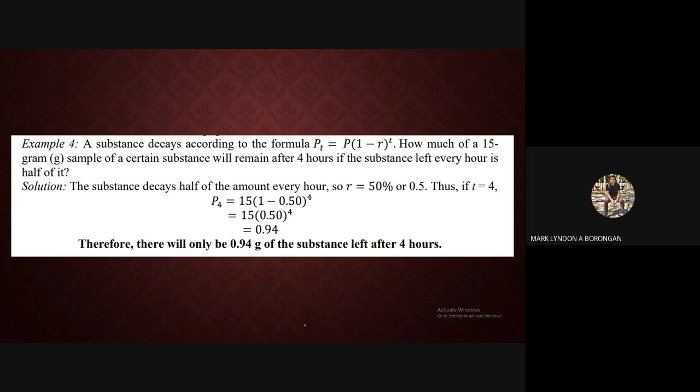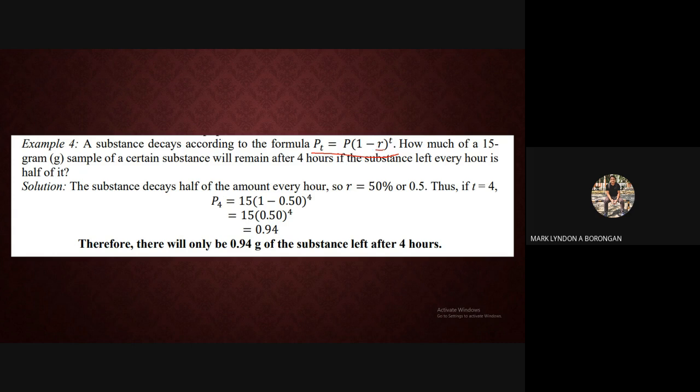This is called half-life, guys. Given our formula, P is 15 grams of the substance sample. The substance decays by half of the amount every hour. Okay?